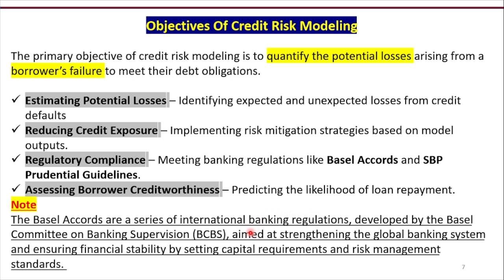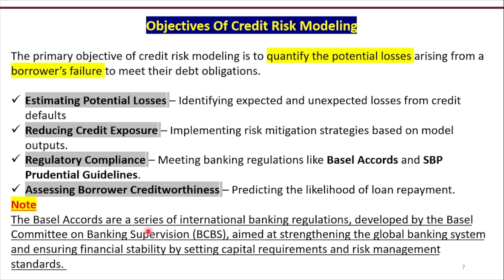Internationally, if you're talking about international banking regulation, then the Basel Committee on Banking Supervision, short form BCBS, aims to strengthen the global banking system and ensure financial stability by setting capital requirements and risk management standards.